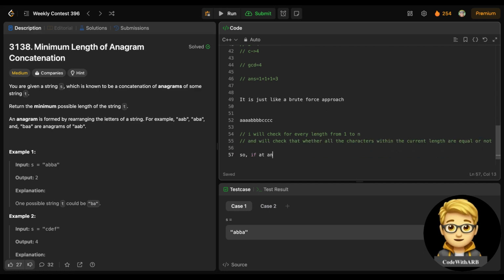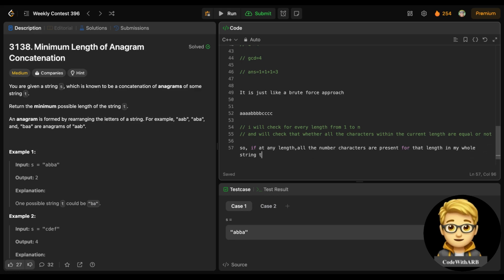If at any length the number of characters present for that length is consistent across my whole string, then that length will be the answer.